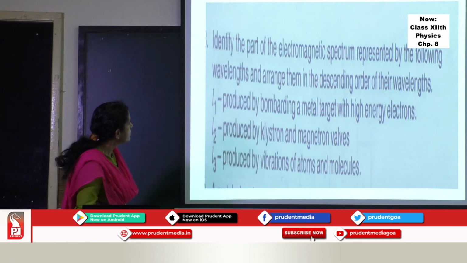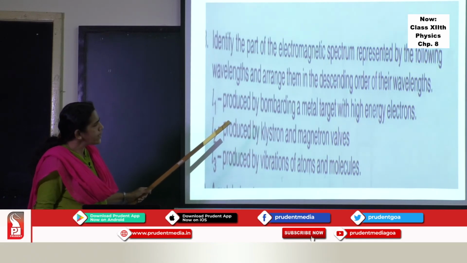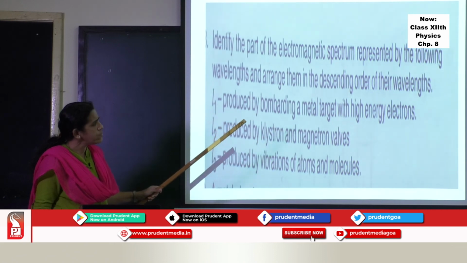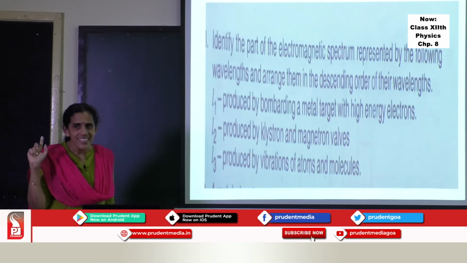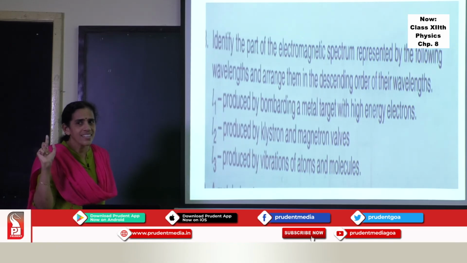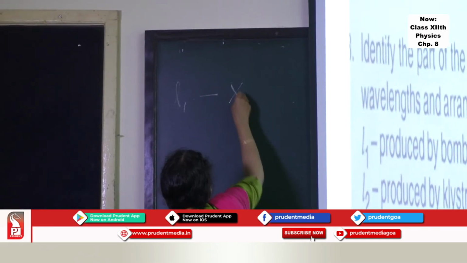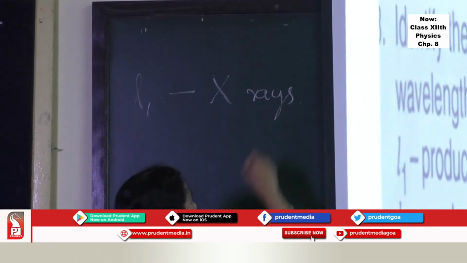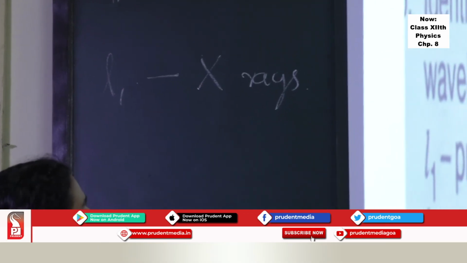For one I will do here. See, what is the first one? L1, produced by bombarding a metal target with high energy electrons. So, which wave is that? L1 is X-rays. Therefore, first identify each wave and then we will arrange.